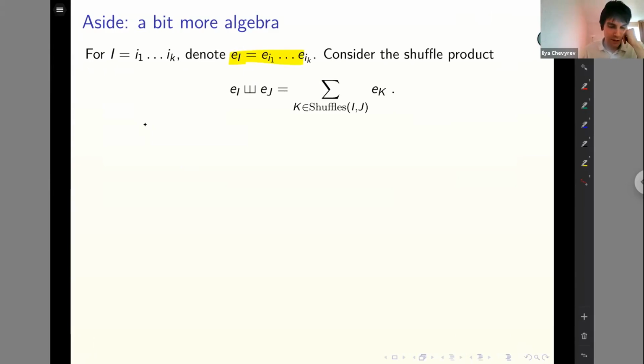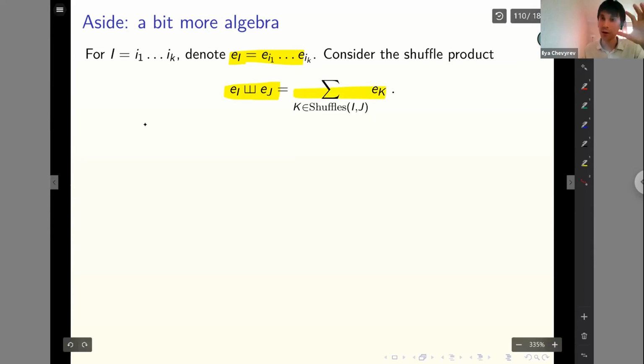And then I'm going to put the shuffle product, which was defined for words, onto this space of T(R^d). So the shuffle product of two of these words, e_I shuffle e_J for two words I and J, is equal to the sum over e_K, where K ranges over all the shuffles of I and J.